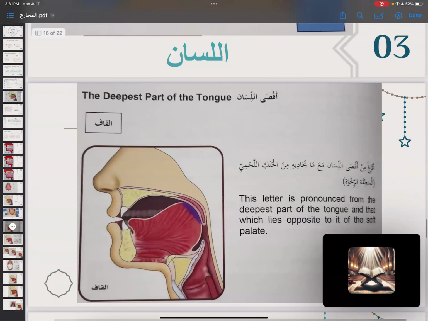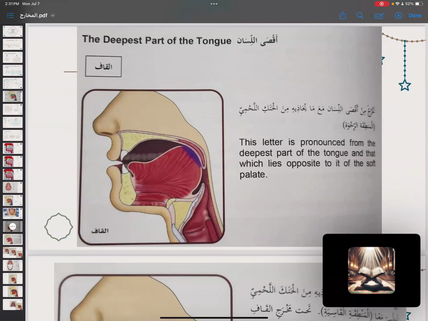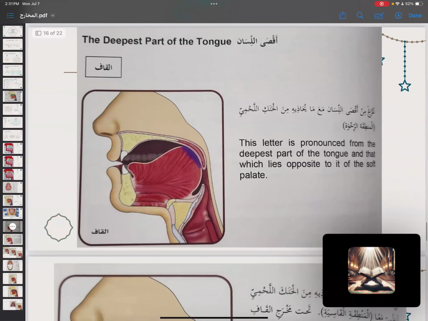Okay. So for the deepest part of the tongue, aqsa al-lisan, we have the letter qaf. تخرج من أقصى اللسان مع ما يحاذيه من الحنك اللحمي. This letter is pronounced from the deepest part of the tongue and that which lies opposite to it of the soft palate.